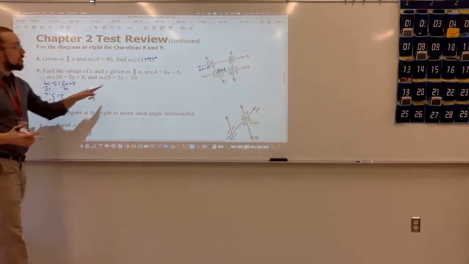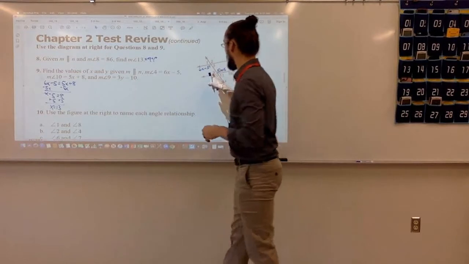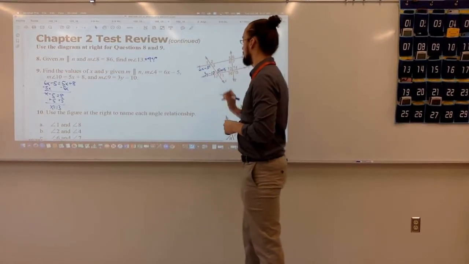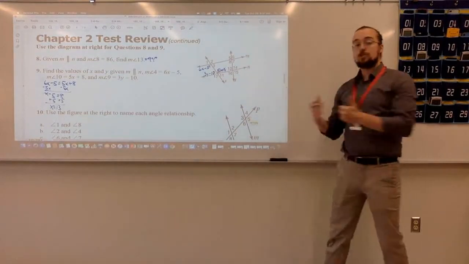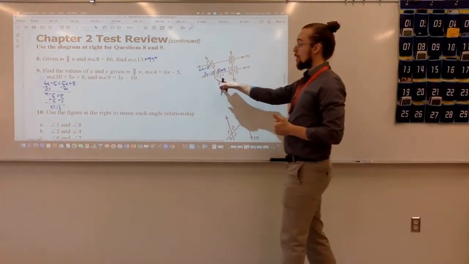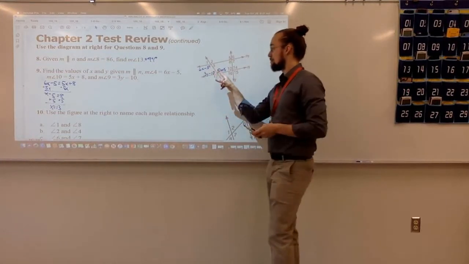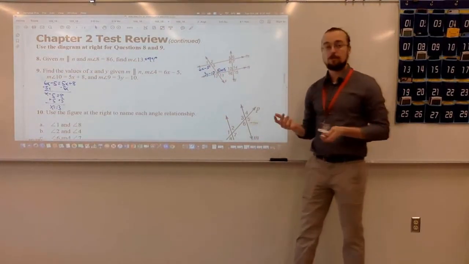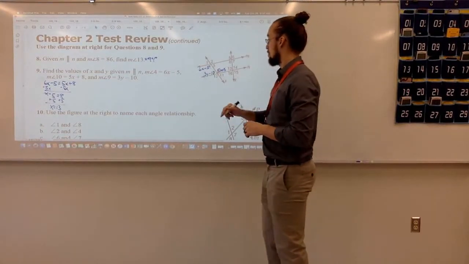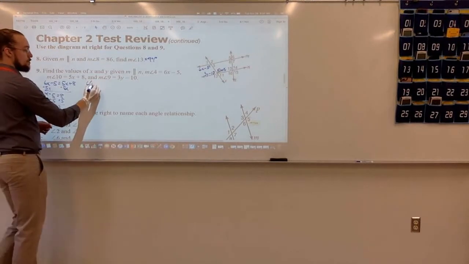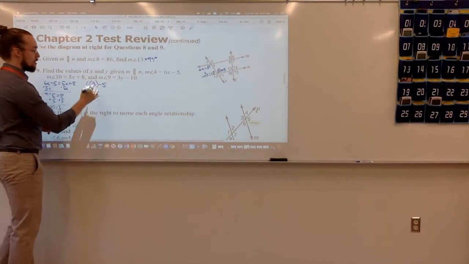Okay, so now I'm told angle 9, which is right here, is 3y minus 10. So now I need to use that value of 13 to figure out what y is. Right? So I can plug 13 back into either of these values. They're going to be the same. Do the 6th one. Okay, so if I plug it in here, 6 times 13 minus 5.